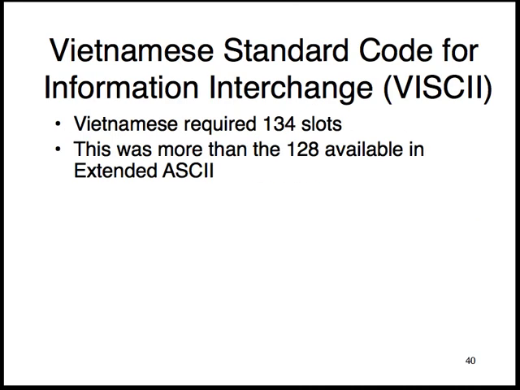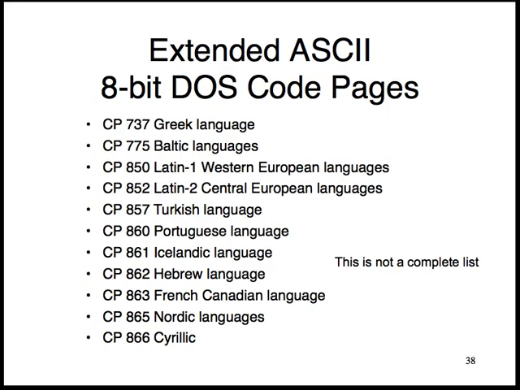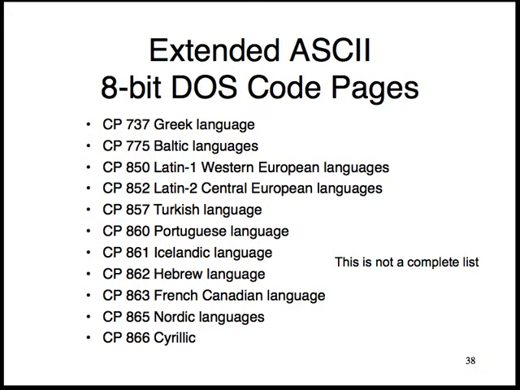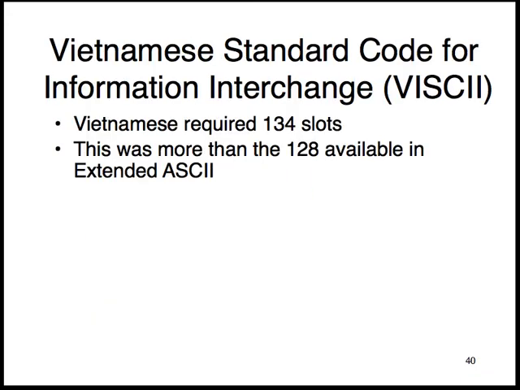Okay? Vietnamese was a particularly interesting problem, because to write Vietnamese you needed 134 slots. Like the Portuguese and the French and the Spanish and even Hebrew, they were happy enough, they could fit in all their business between 128 and 255. But Vietnamese needed 134.